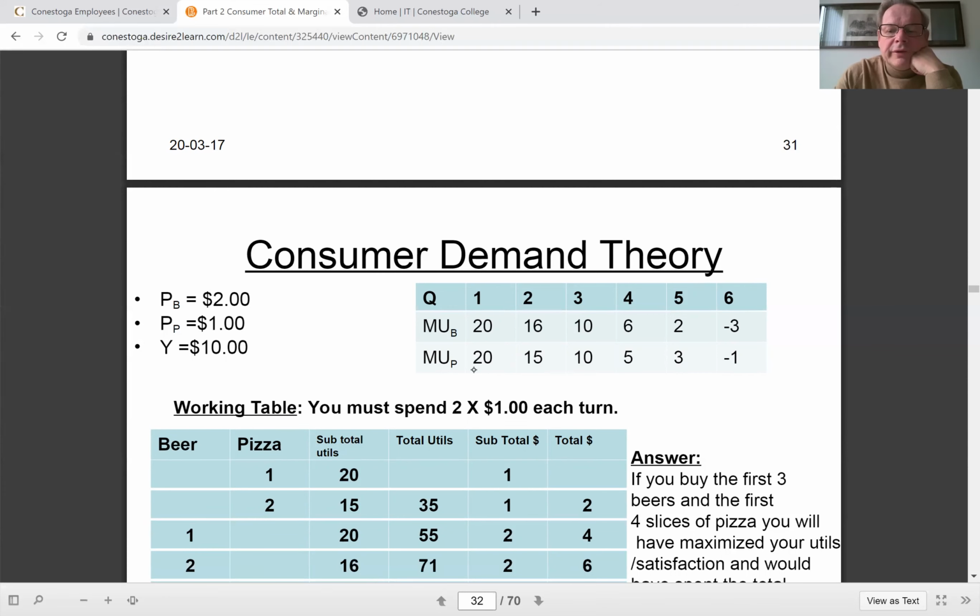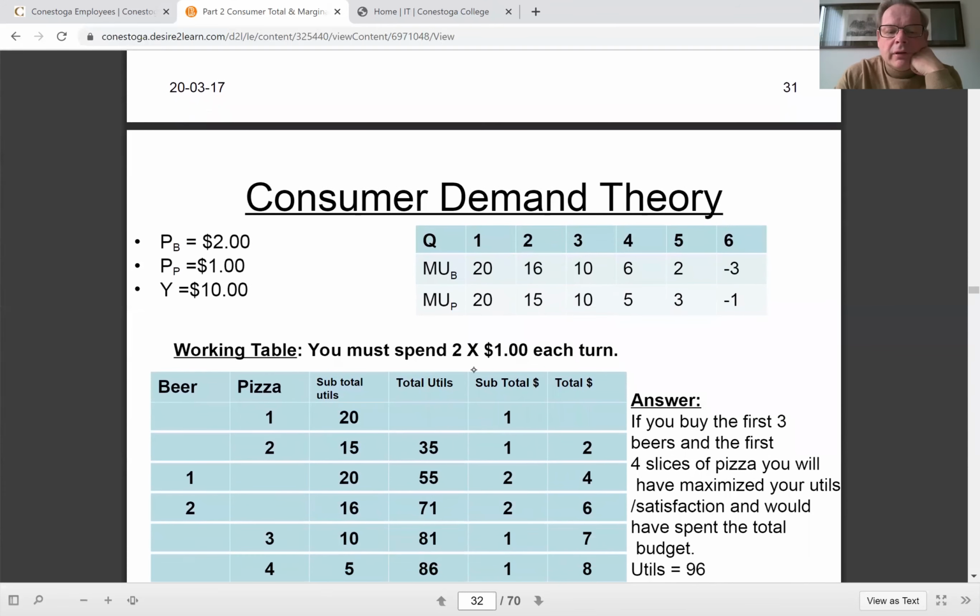So therefore, the next $2 will be spent on the third and fourth slice of pizza, which will give me an extra 10 and an extra 5, and I will add that to the 71 to give me a total of 86. I spent another $2, and now I have spent a total of $8.